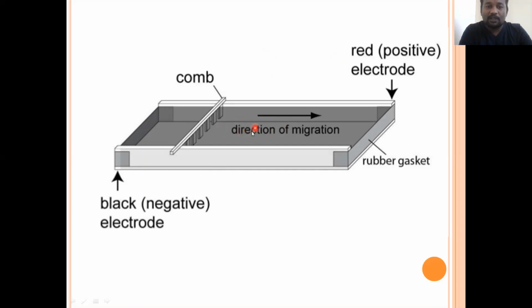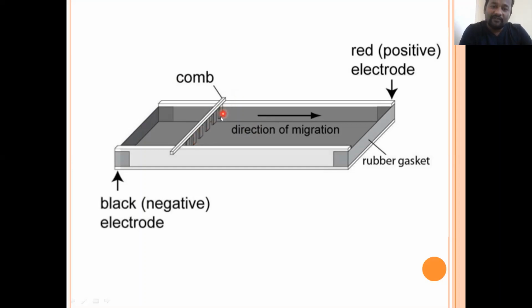Once it is poured in a liquid condition, this comb should be immersed in the liquid, which makes the well or hole after solidification of the agarose. Once the liquid agarose gets solidified, this comb will be removed, which makes the formation of the well or hole.